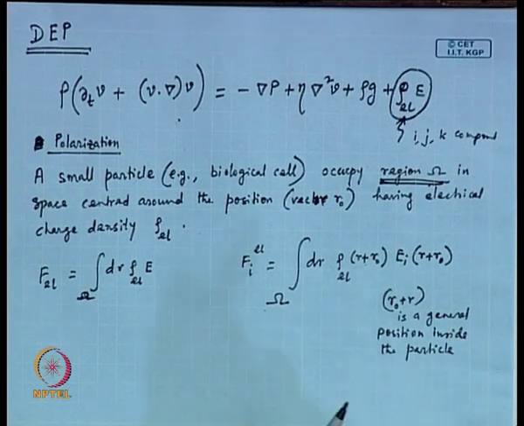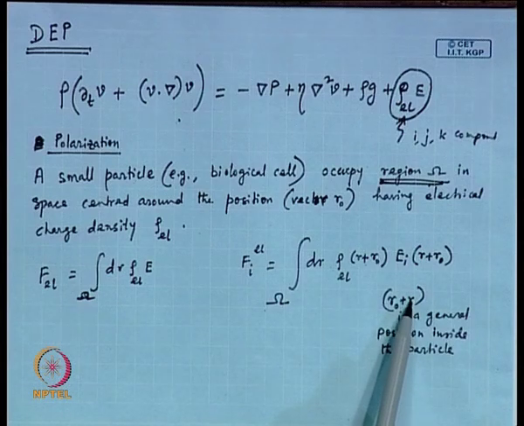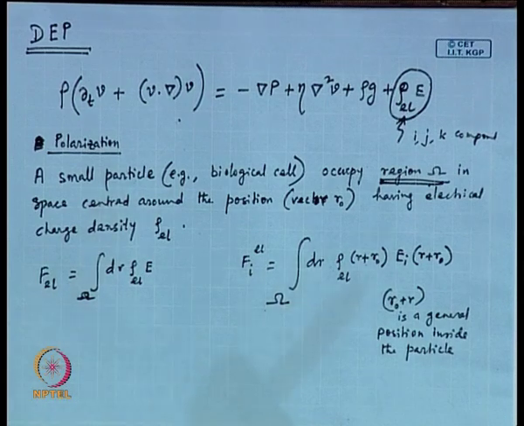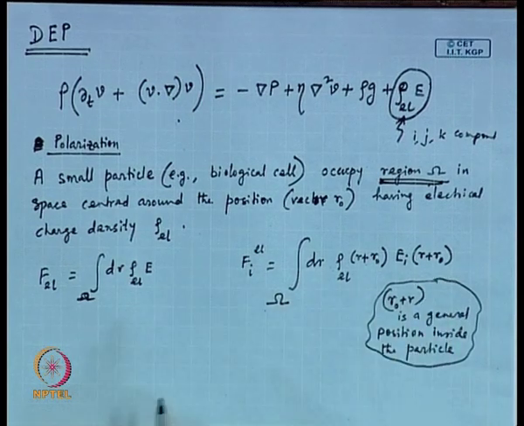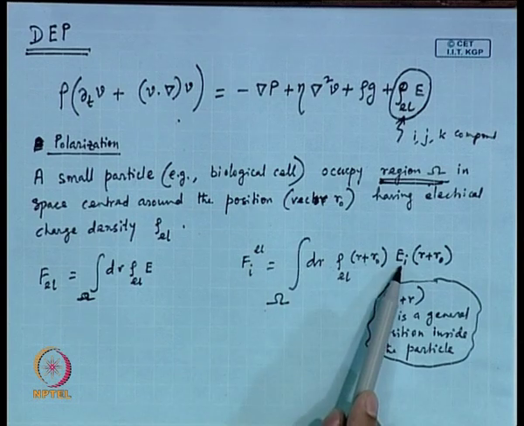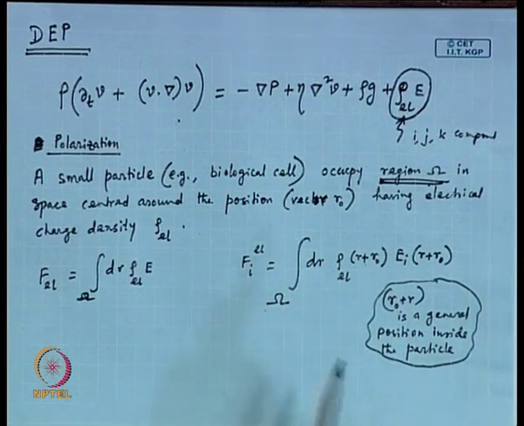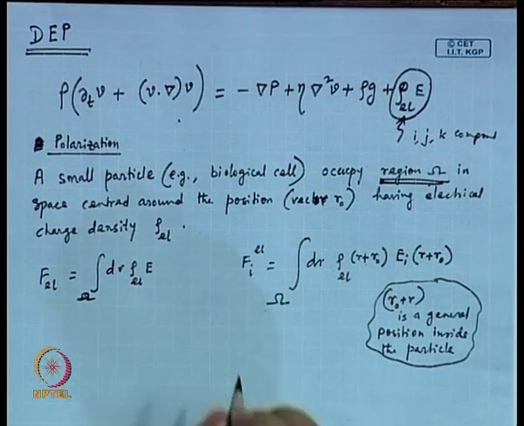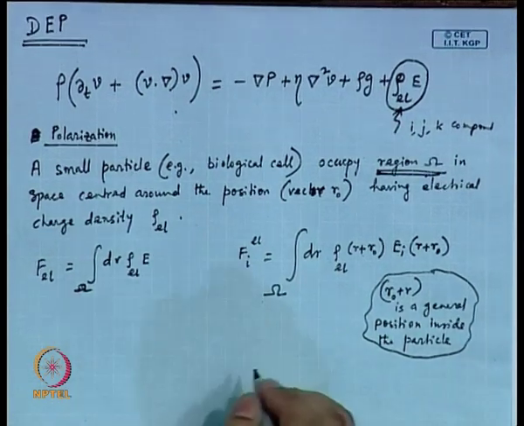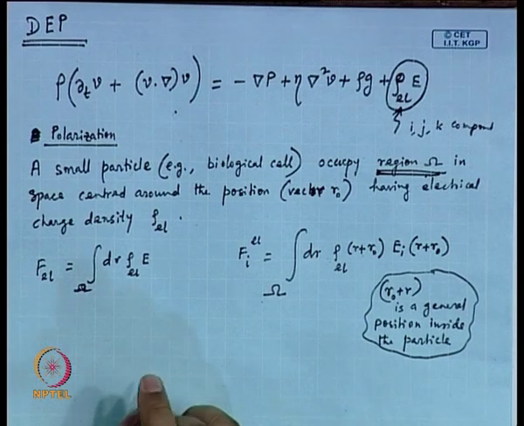Inside the biological cell there are several positions, and those individual positions are given by r0 plus r. r0 is fixed, because r0 defines the center of that region omega. Around that center there are several r's. So, you have to take them into account. When we are talking about the ith component, we are talking about these E I. So, this is the expression for the force in the ith component of it.